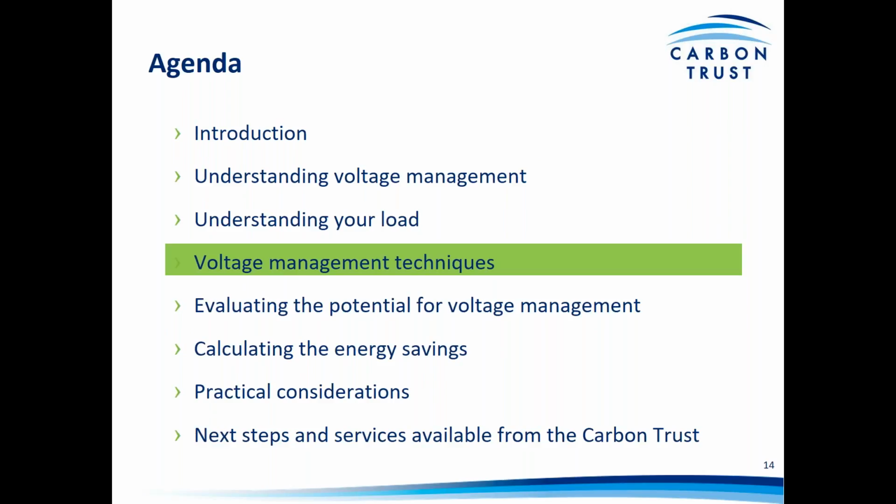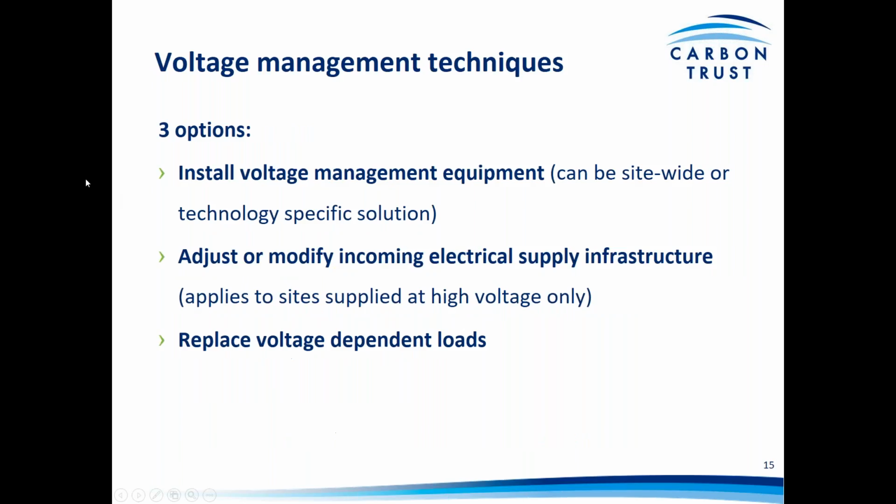So now we will have a look at some of the most common voltage management techniques. And there are essentially three options when it comes to looking at voltage management. So the first one being to install voltage management equipment. This could be site-wide or it could be just installed to either a specific technology or a specific process that you have on site.